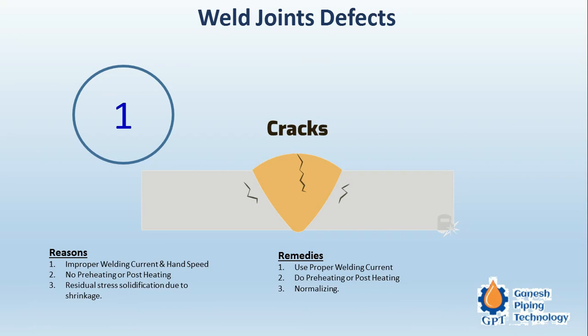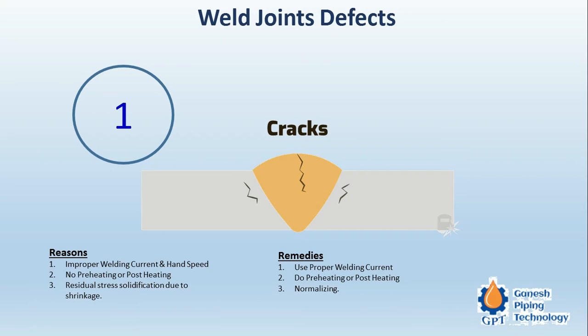We cannot eliminate these defects 100%, it is impossible. We only have to take certain precautionary measures by which we can minimize these defects, and if we minimize them, then we can get a good quality weld. This welding may develop a crack in future, but relatively it will take more time.